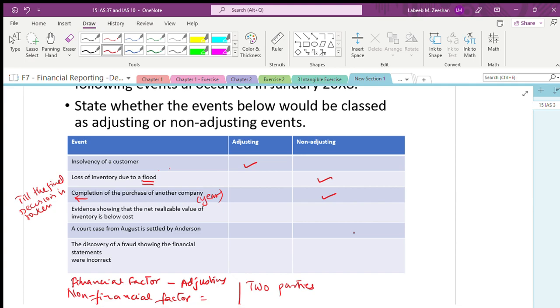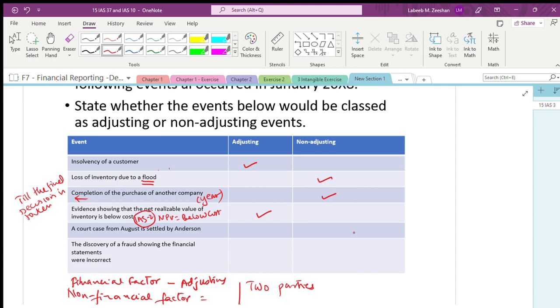See what it says: evidence showing that the NRV is below cost. This is as per IAS 2, clearly defined. If it is clearly defined, then we have to make sure it is an adjusting item.